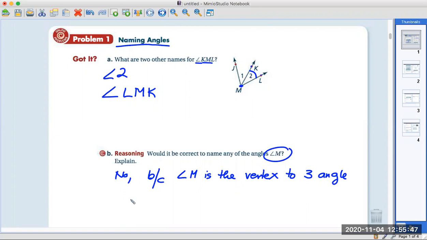So if you have more than one angle, you cannot use the vertex only. It would not be clear which one you're talking about.